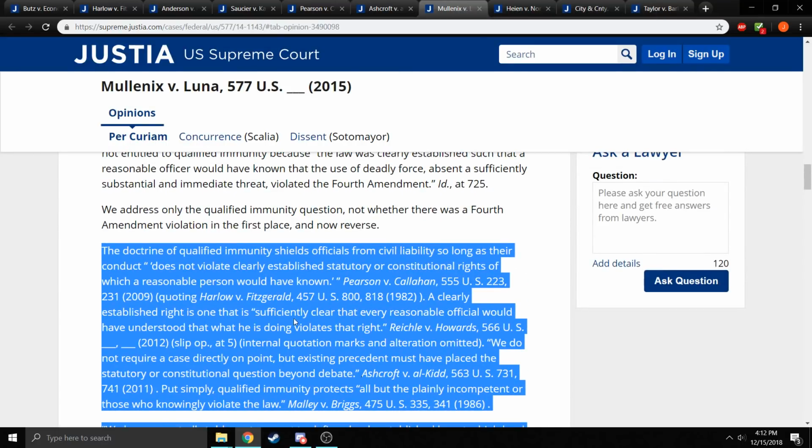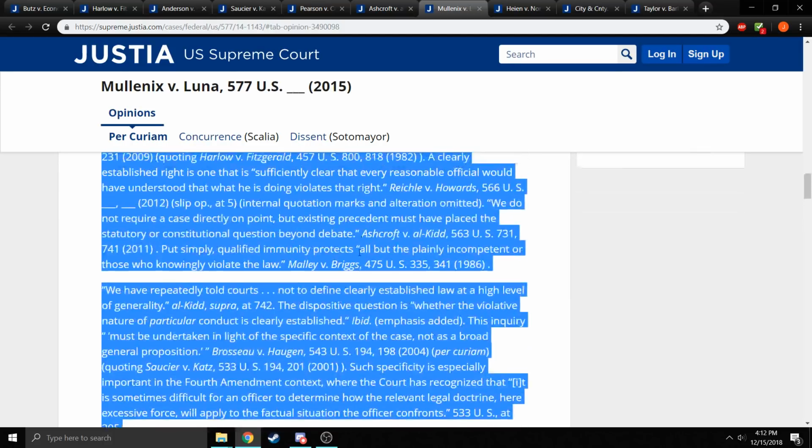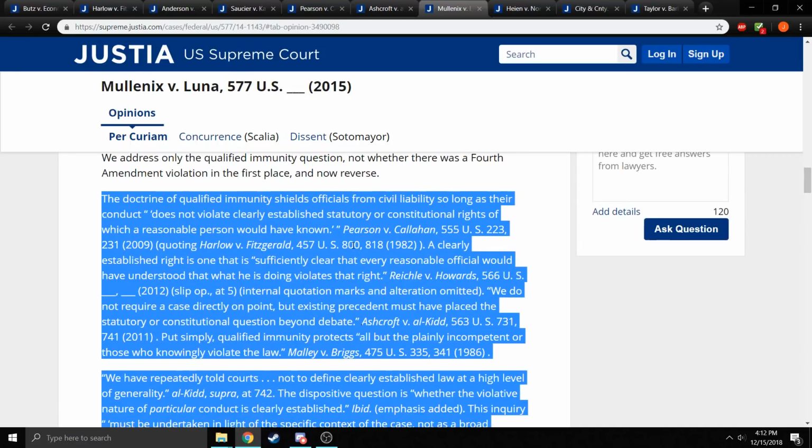Then Molyneux v. Luna. I like this one. It was a good kind of overview of the general consensus of what it is in 2015. The doctrine of qualified immunity shields officials from civil liability so long as their conduct does not violate clearly established statutory or constitutional rights of which a reasonable person should have known.